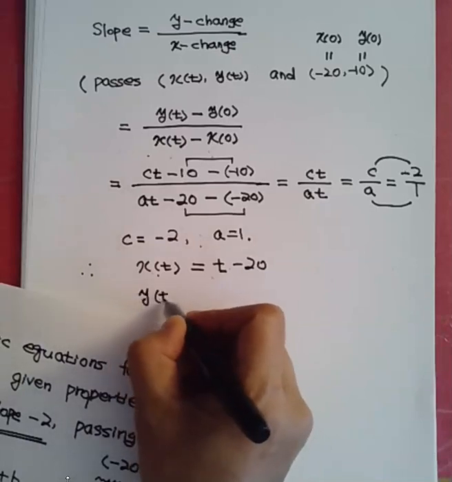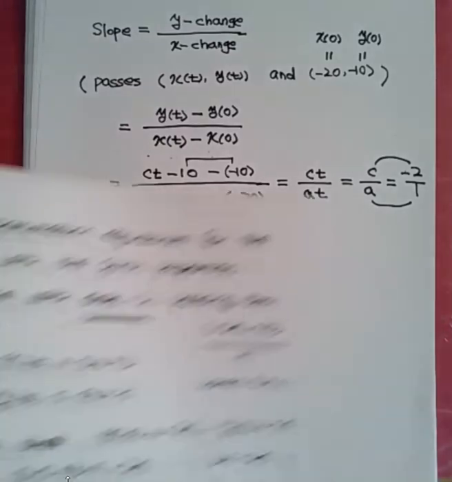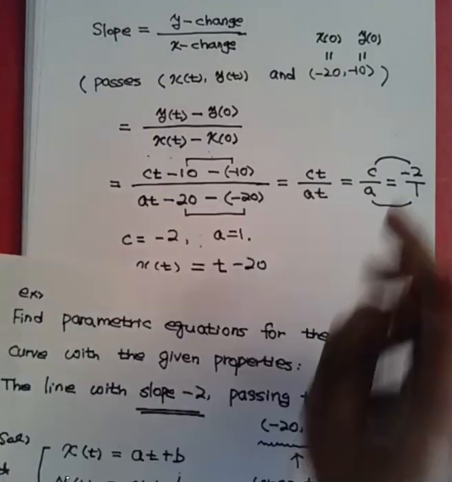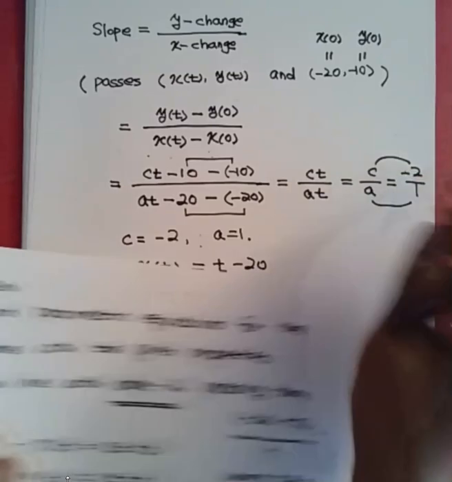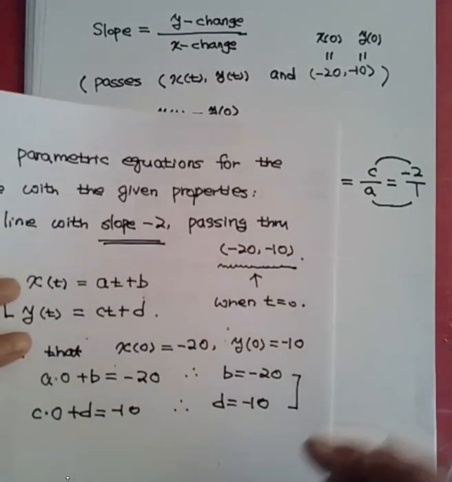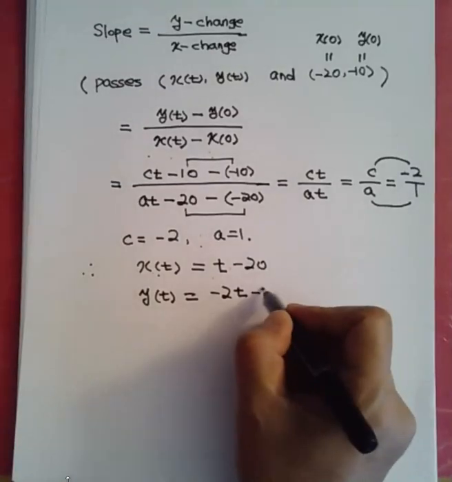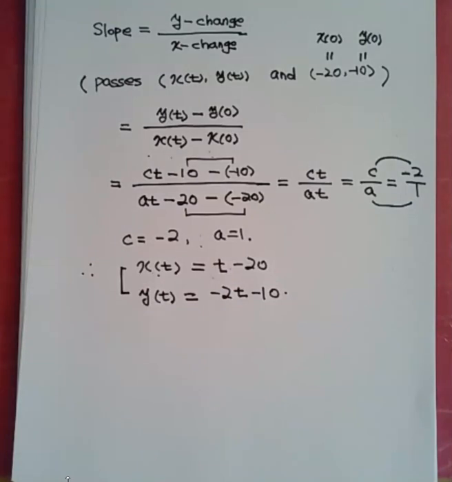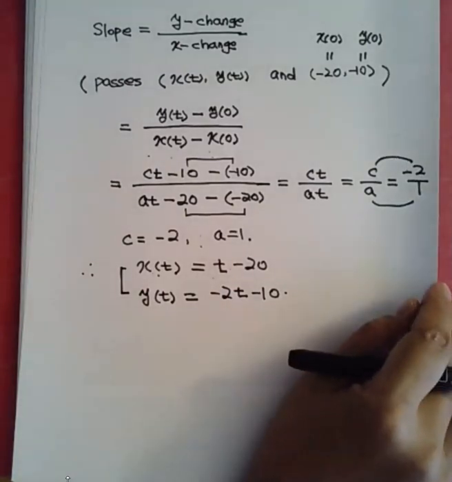Y of t equals c, we were looking for was minus 2. So minus 2t, and d was minus 10. So we got these two parametric equations.